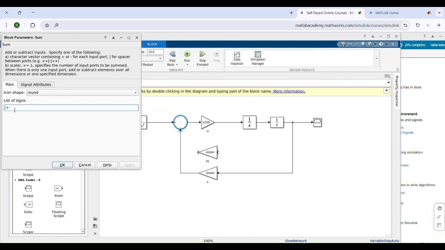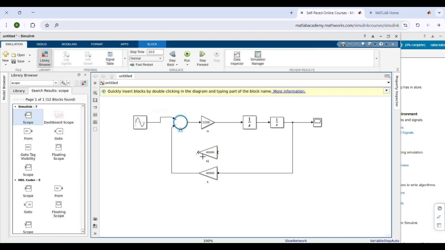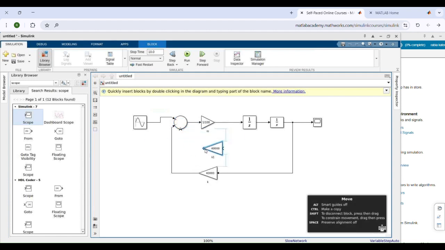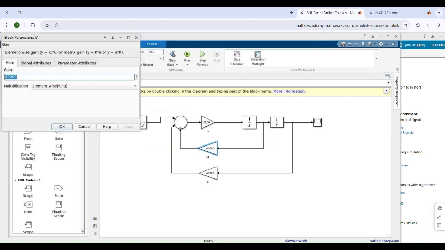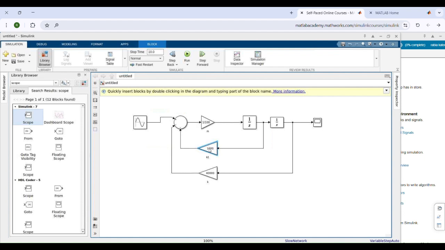We need to add another minus sign here and, okay, just arrange it and change the value to 1000, which is the first condition.